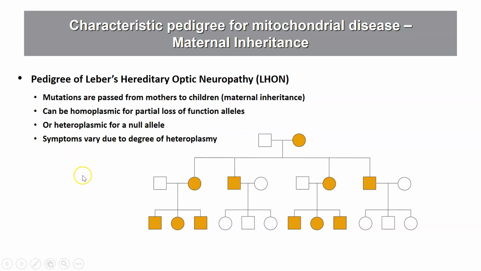The variation is due to the fact that different individuals might inherit from their mother a more or less severe condition. More severe would mean a higher percentage of mutant mitochondria. Less severe, a lower percentage of mutant mitochondria.